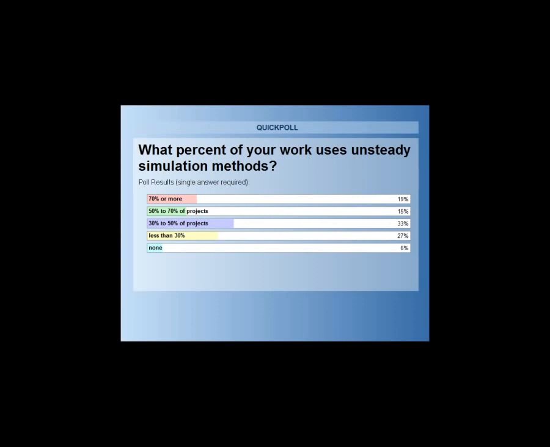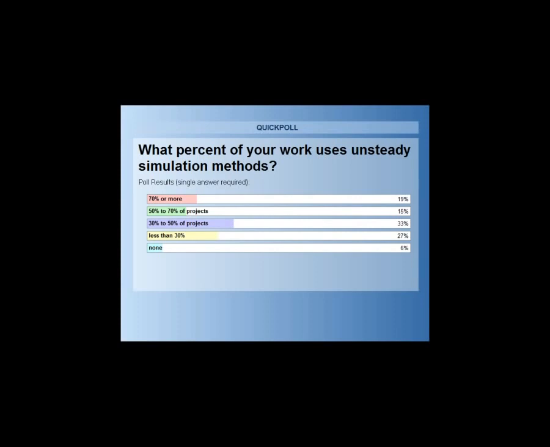So it looks like about 20% of you are doing about 70% of your work unsteady. We have some 6% aren't doing any, but then you can see that the 30 to 50% range seems to be probably our highest bucket of people, and that's consistent with what we're hearing. Yeah, I think so.